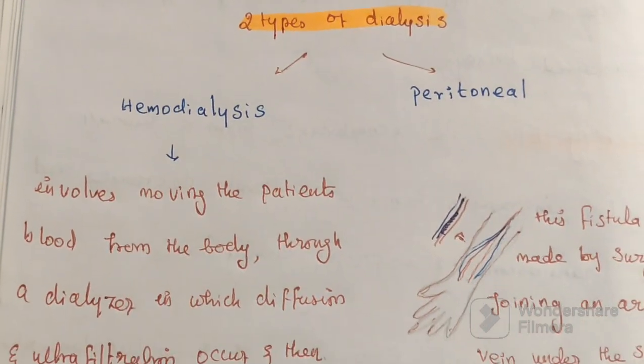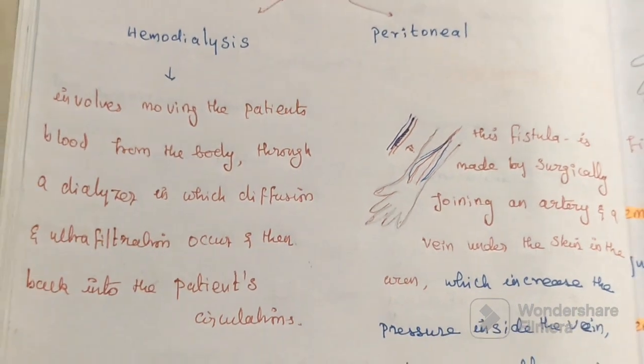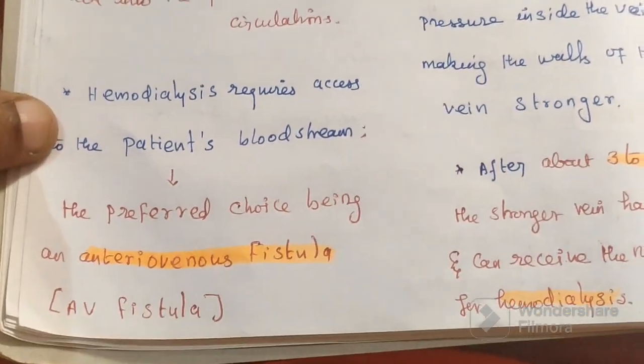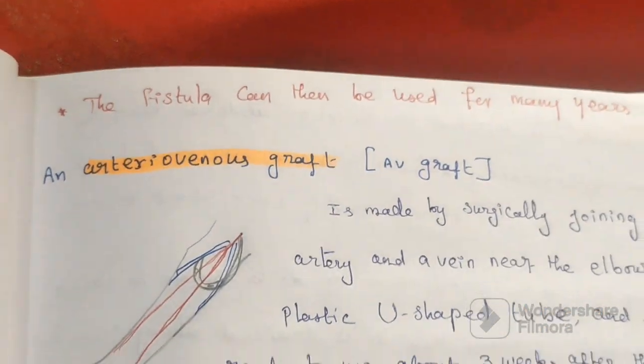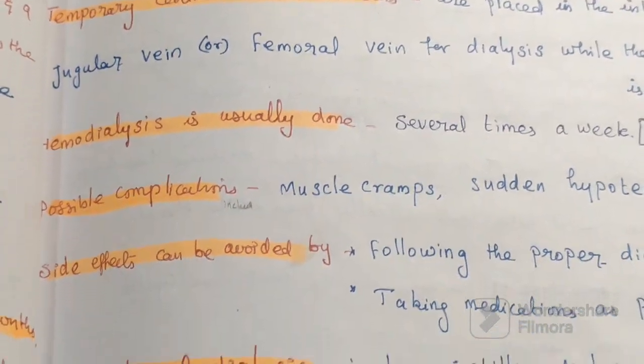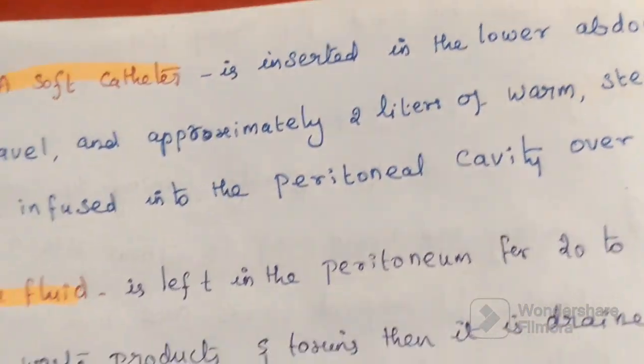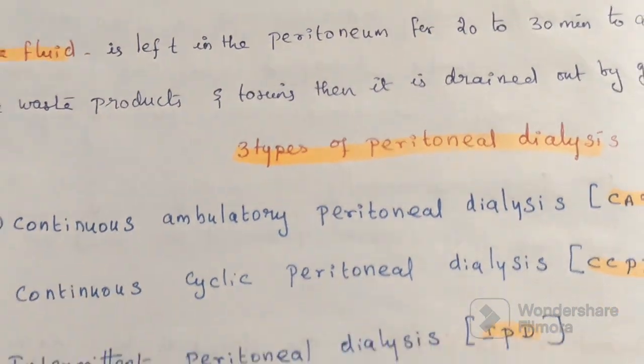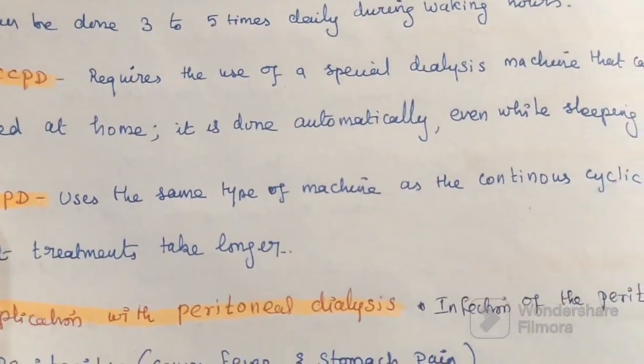There are two types of dialysis, hemodialysis and peritoneal dialysis, and three types of peritoneal dialysis.